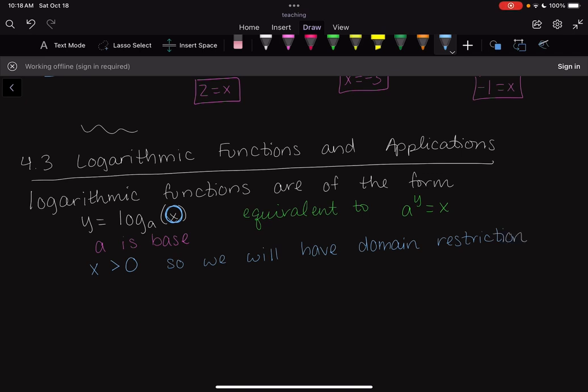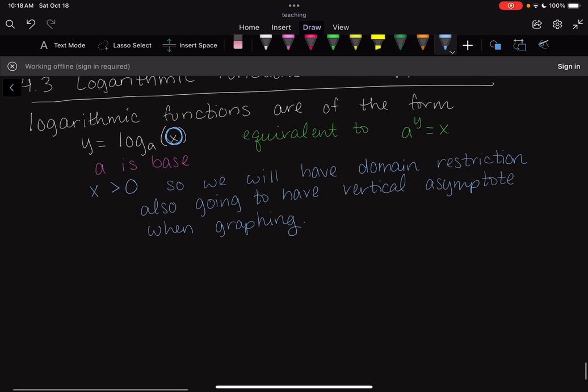It also means that we're going to have a vertical asymptote when graphing. And we'll see that later, and first we're just going to talk about the logs a little bit, do a little bit of evaluation problems and stuff like that.